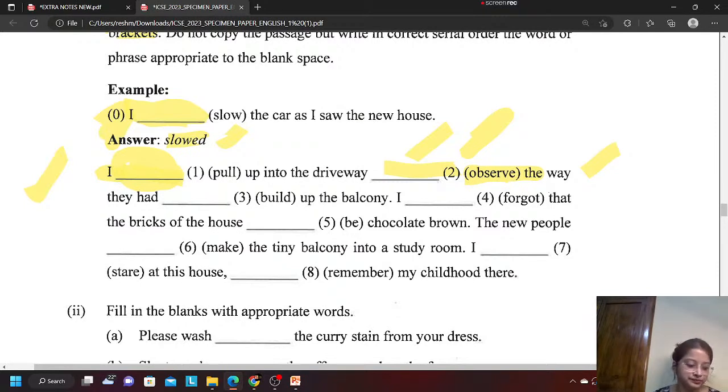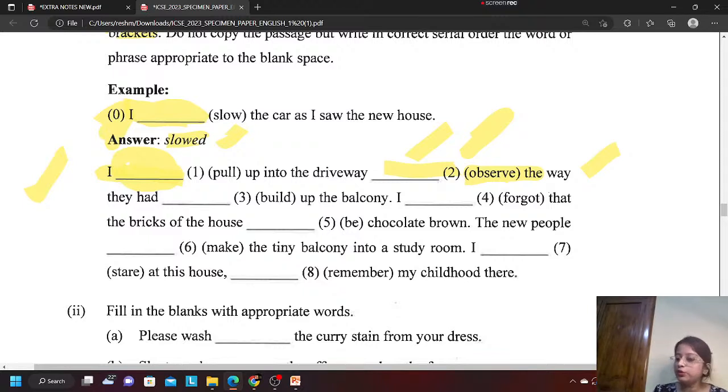Third one now. I've got one answer, others? Fatima, there is nothing called builded.